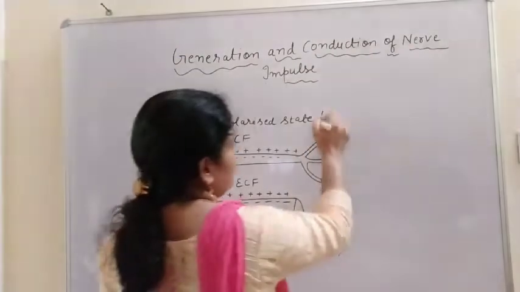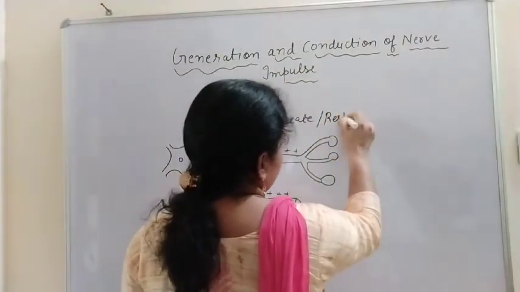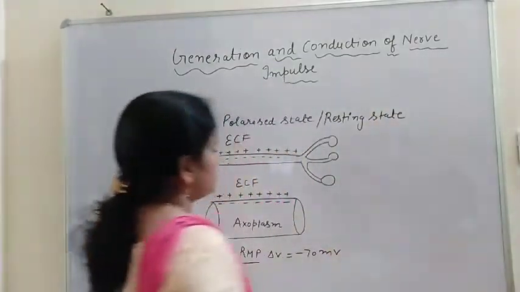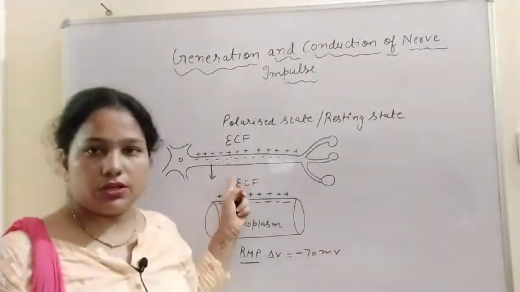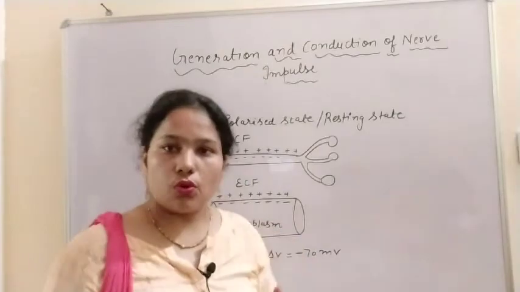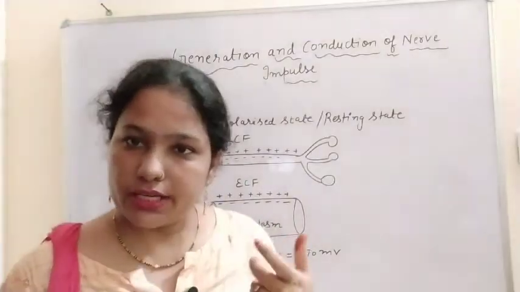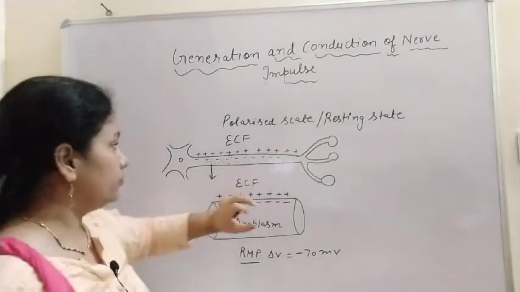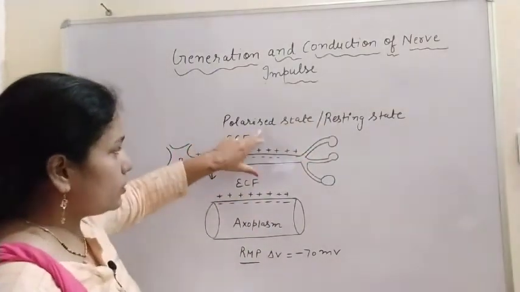It is also known as the resting state, because in this condition the neuron is not transferring any message. So how can we say it is the polarized state?